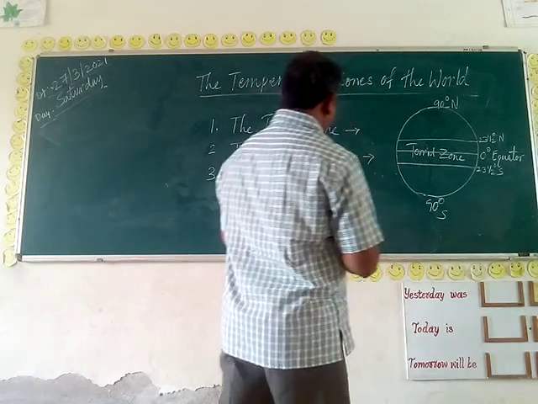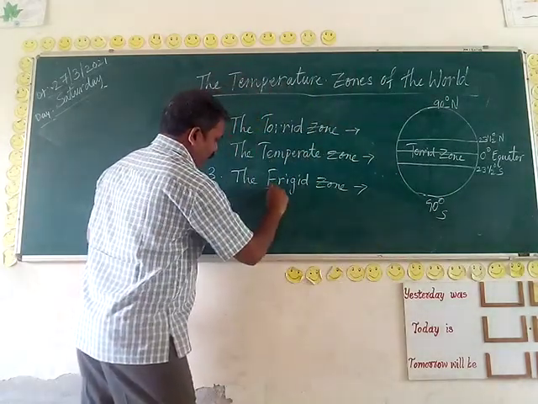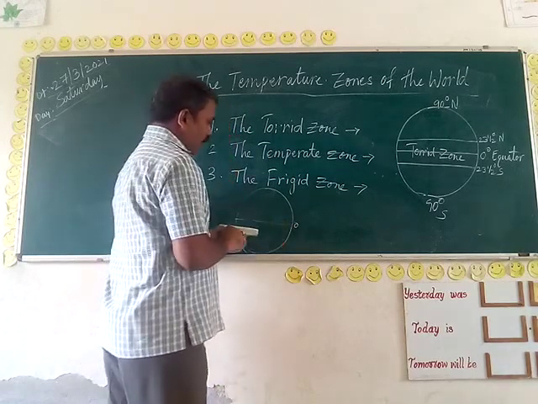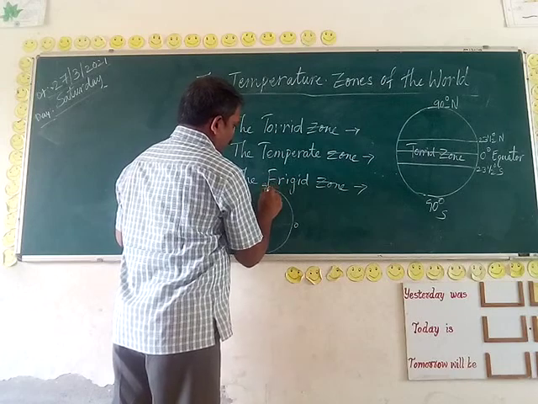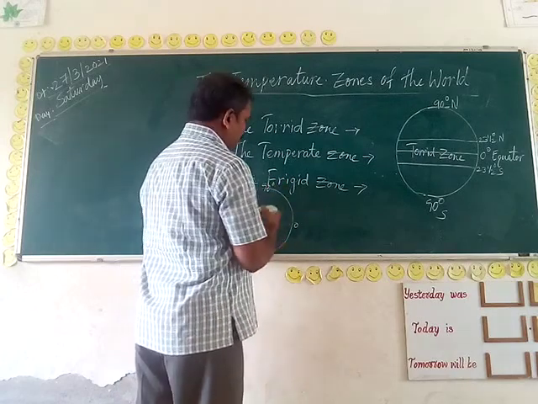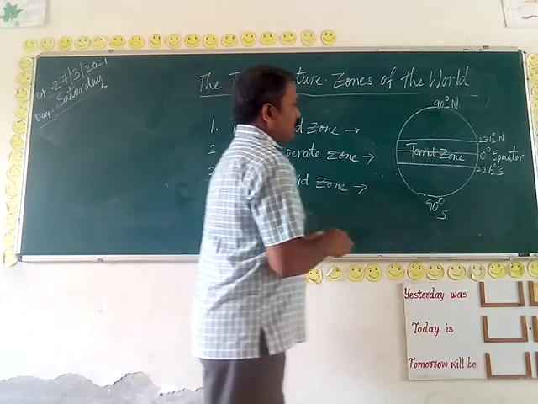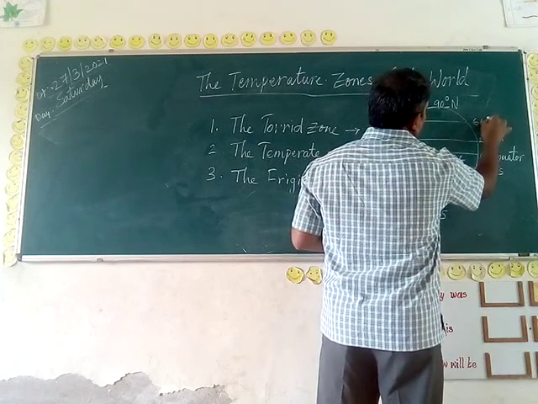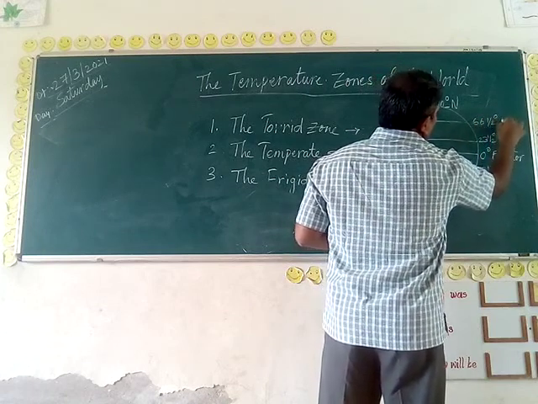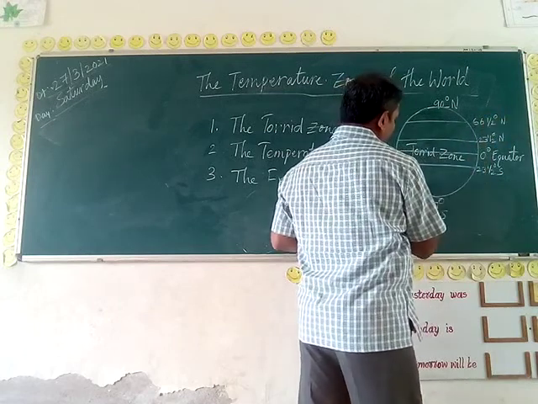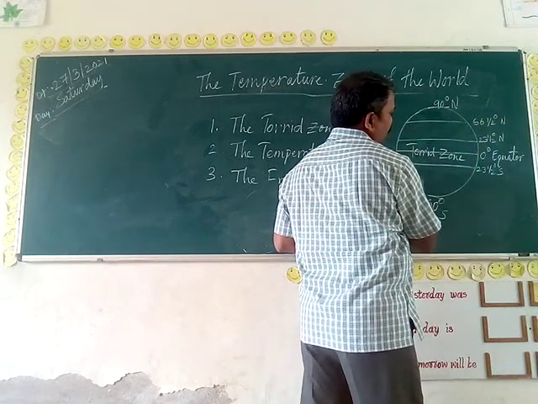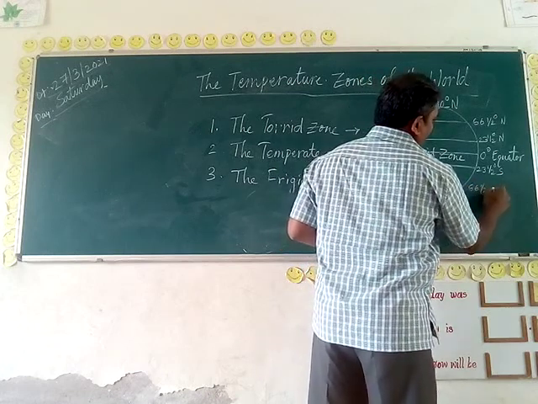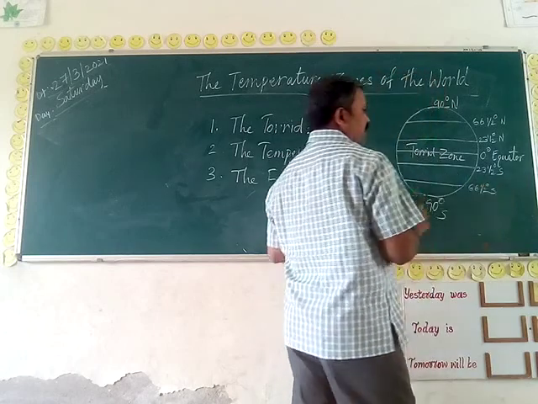And the second zone is the temperate zone. From 23.5 degrees north to 66.5 degrees north is the Arctic Circle, and in the southern hemisphere 23.5 degrees south to 66.5 degrees south is the Antarctic Circle.